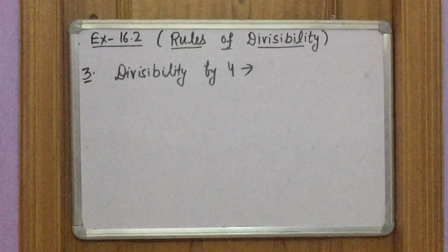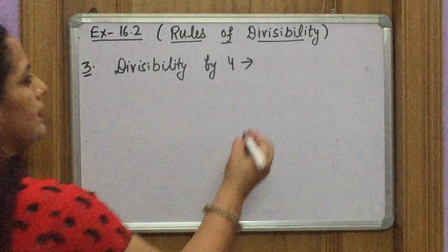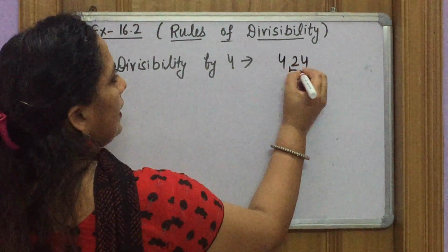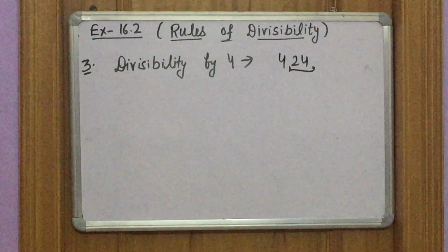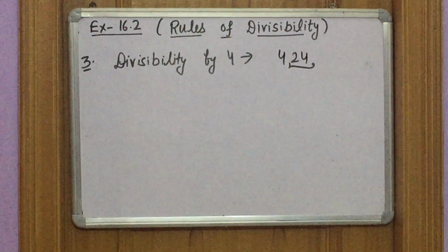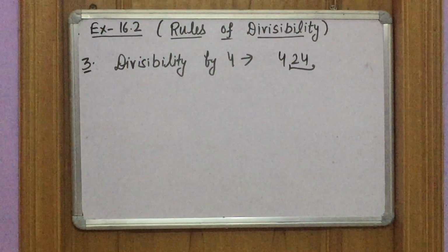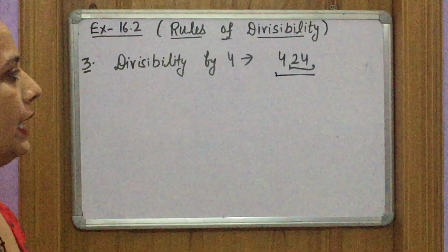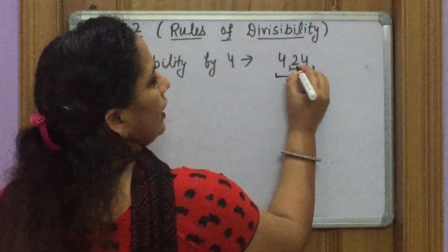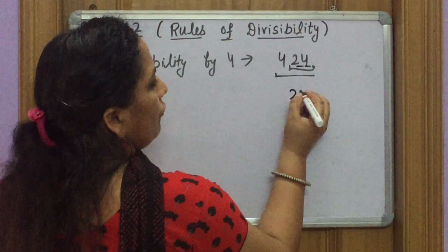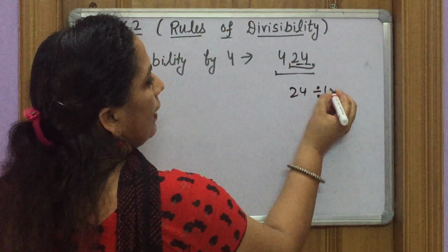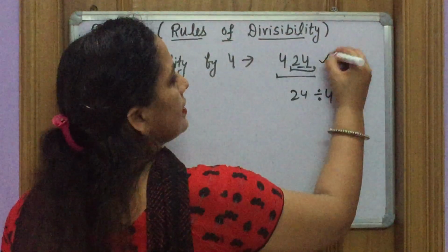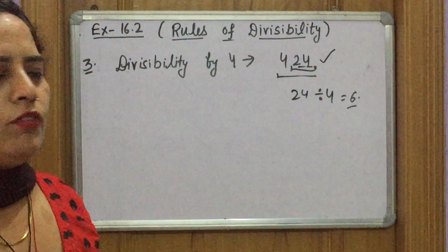Just find out last 2 digits. Just check last 2 digits, whether last 2 digits are divisible by 4 or not. If yes, then definitely the complete number will be divisible by 4. Here last 2 digits are 24 and 24 is divisible by 4. Then we will say that yes, this number is divisible by 4.